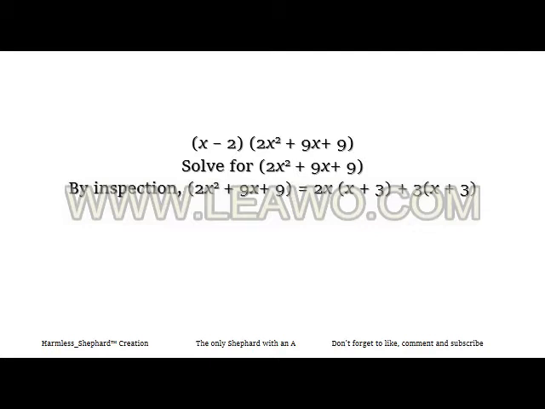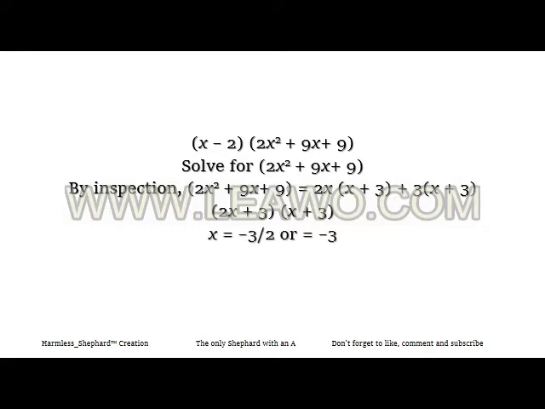So by inspection, we use the factorization method to solve that, to get this. Factorization is trial and error. You take any two numbers that you can factor to get what you want. So we have 2x plus 3 and x plus 3.